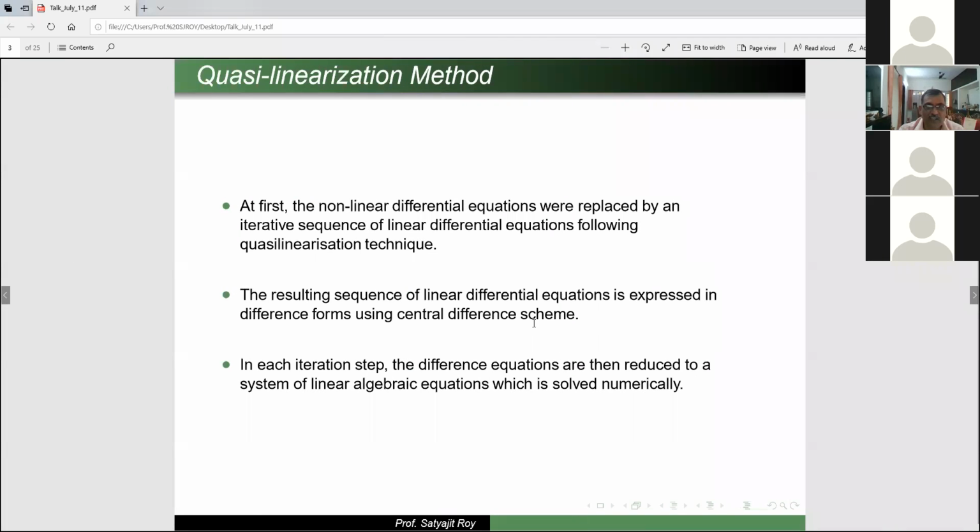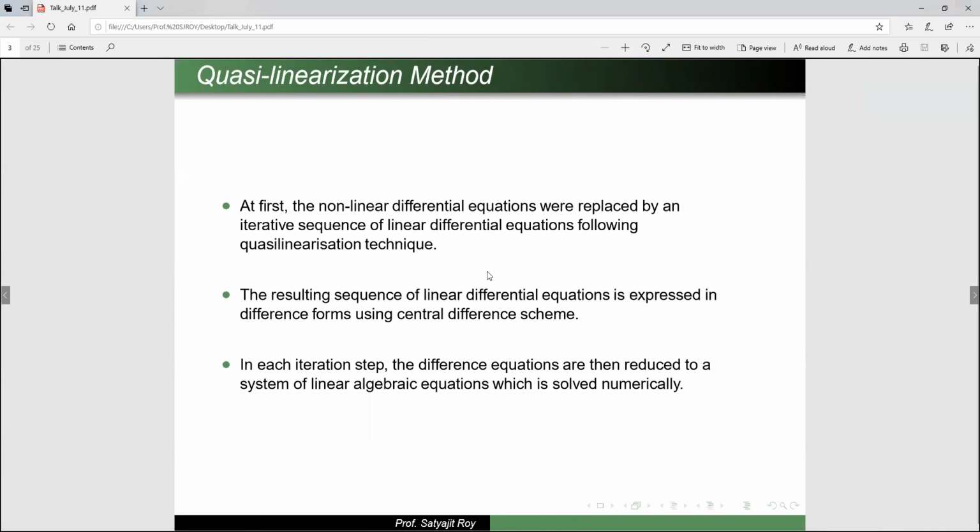First, the nonlinear differential equation is replaced by an iterative sequence of linear equations. That means one nonlinear differential equation is replaced by a sequence of linear equations, not one linear equation.